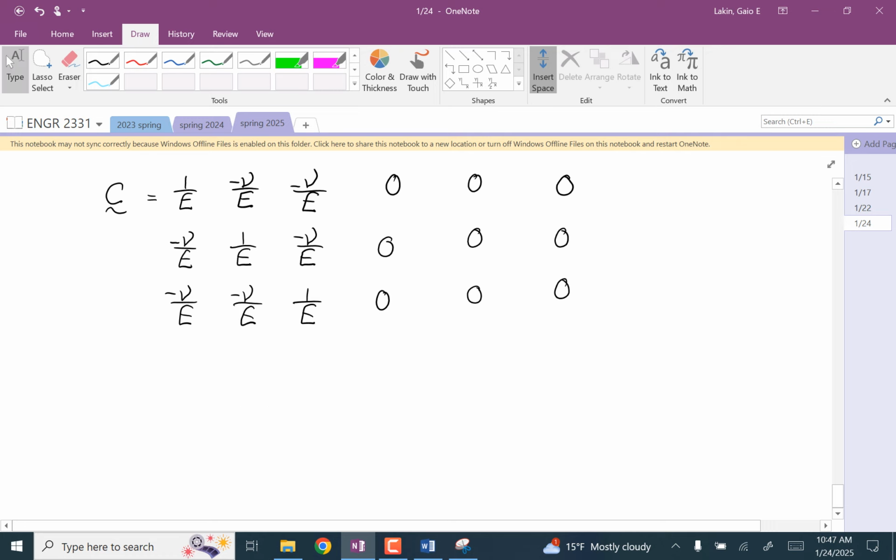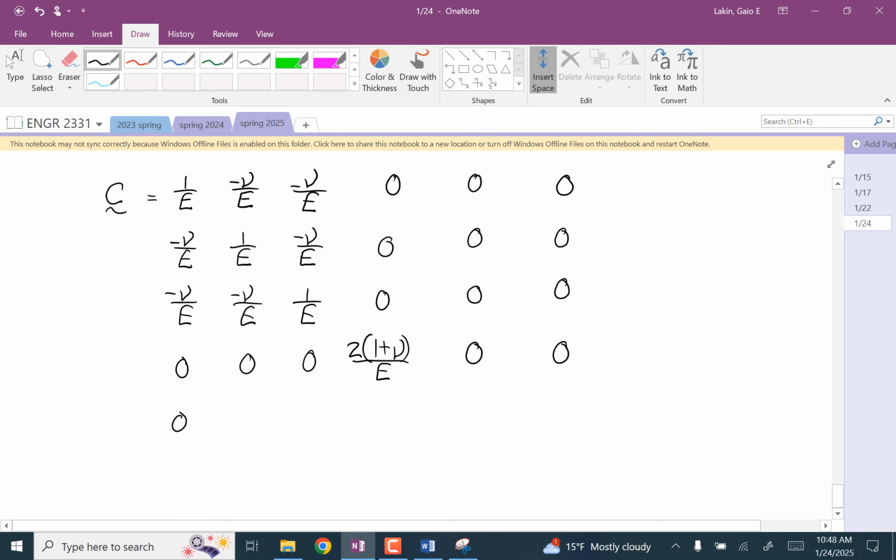And now we're on to the second pattern, and that is all the first 3 elements are 0. Then we have this kind of ugly thing that's 2 times the quantity 1 plus nu, all divided by E, and then zeros. And the pattern for these last 3 rows is just that ugly thing keeps moving 1 element to the right.